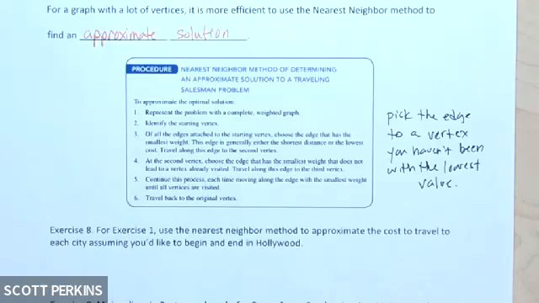So again, you're going to start in Hollywood, and what you're going to do first is pick the edge that has the lowest cost and go there. And then of the remaining choices, once you're in that new place, you're going to pick the edge with the lowest remaining cost. Remember, you do not want to visit anywhere more than once. We're learning. If you get this first one wrong, it's okay.